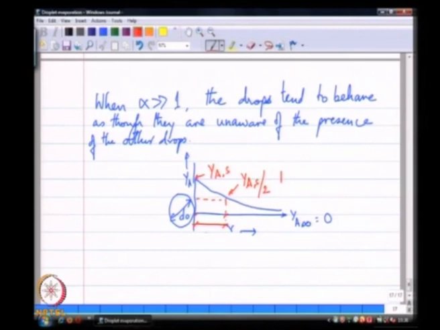This distance I will call r sub h. R sub h is also important in terms of the ratio of r sub h to the droplet spacing itself, which I call d sub s.